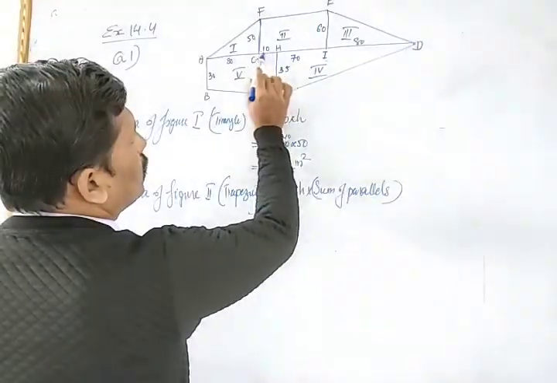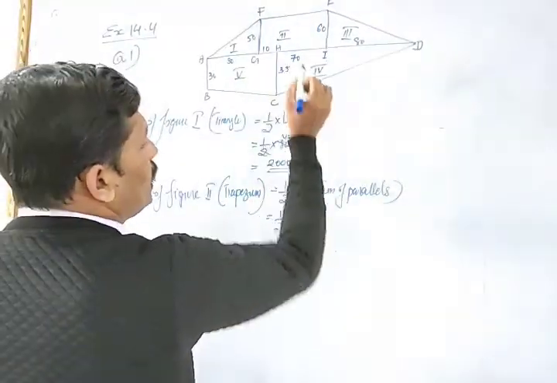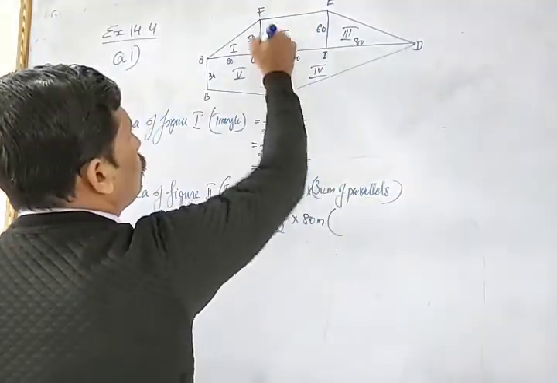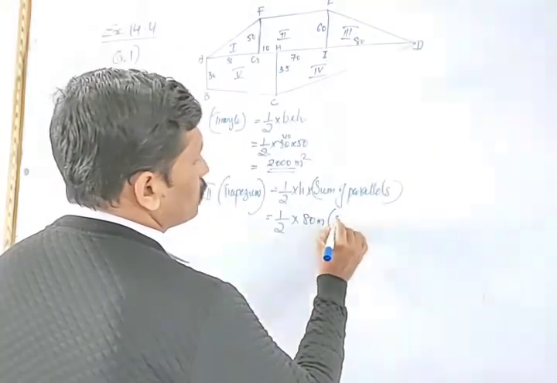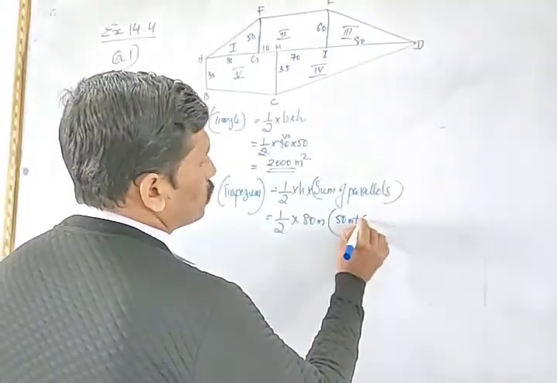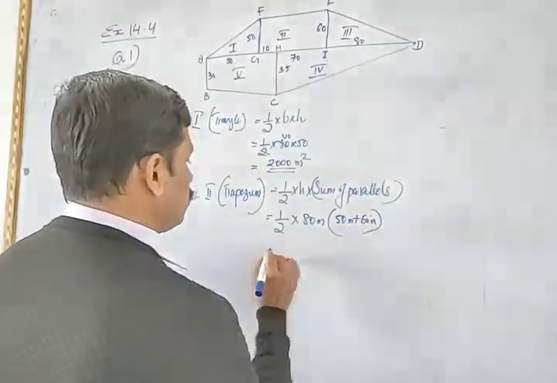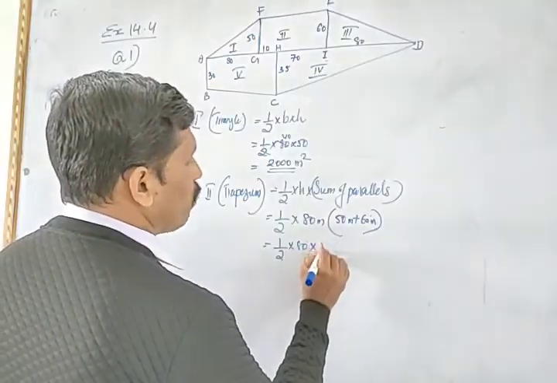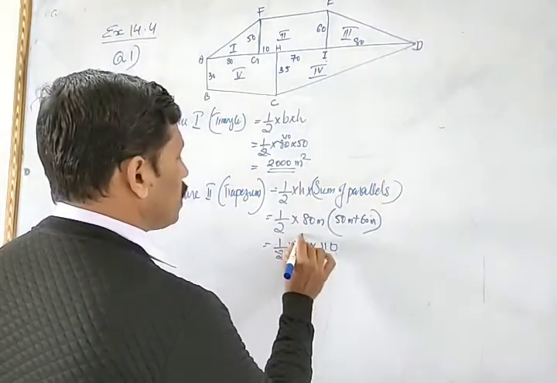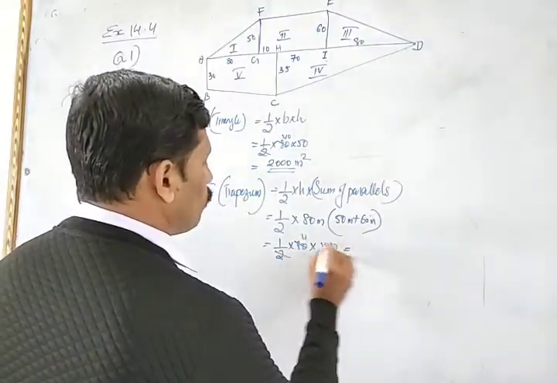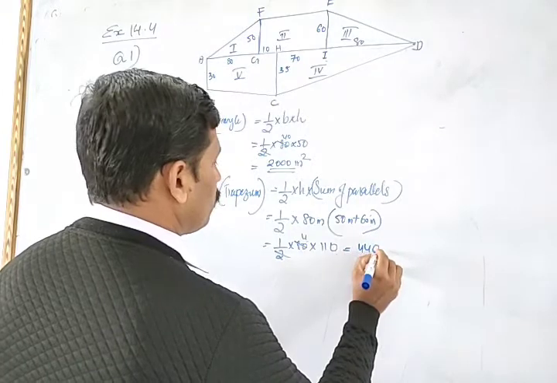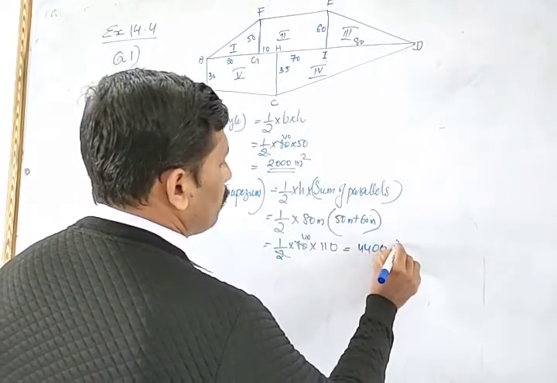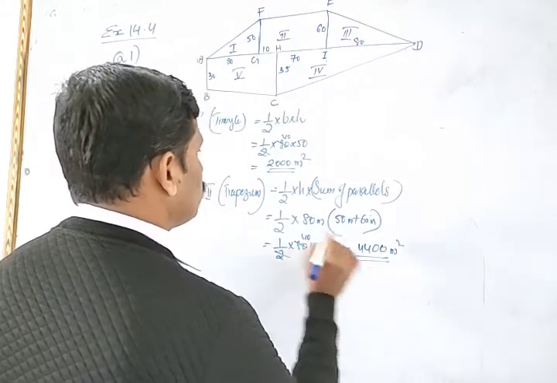So 10 here to here 10 meter, here to here 70 meter, total 80 meters. So 80 meter is the height, and sum of parallel sides is 50 and 60. That means here it is 50 meter plus 60 meter. That's equal to half into 80 into 110. This we can cut. 11 fours are 44. 4,400 meters square. That's the area of second figure.